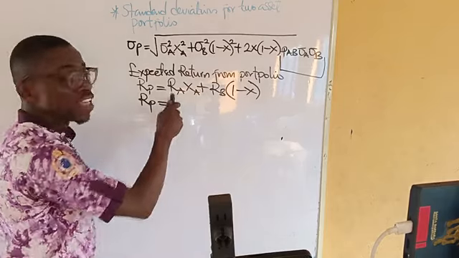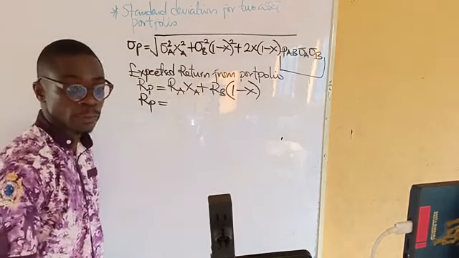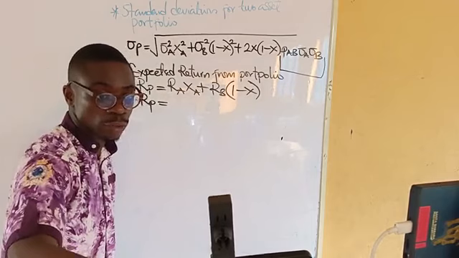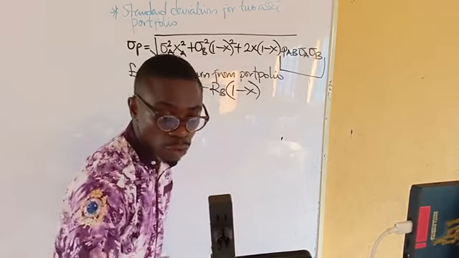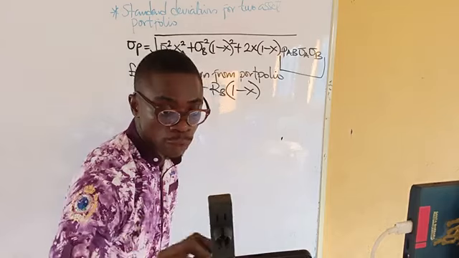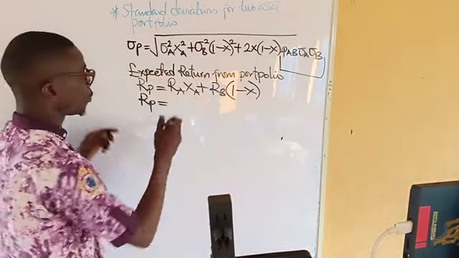Now, what's the expected return on investment A? They have given us in the question: the expected return is 7%.